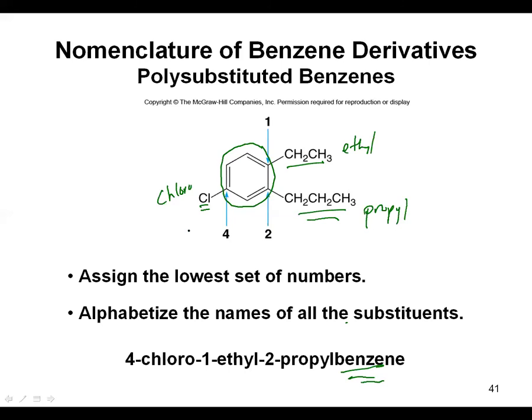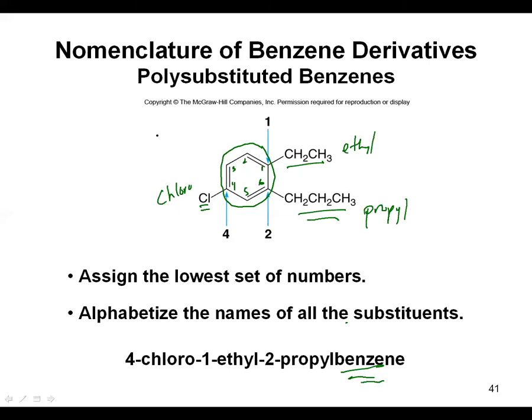So we do want to number the way that will give us the lowest set of numbers. Again, you really have two options. You could go 1, 2, 3, 4, 5, and 6, or you could go the other way like they did.